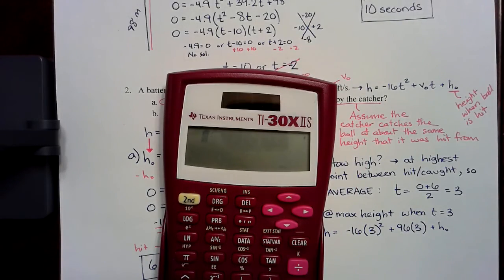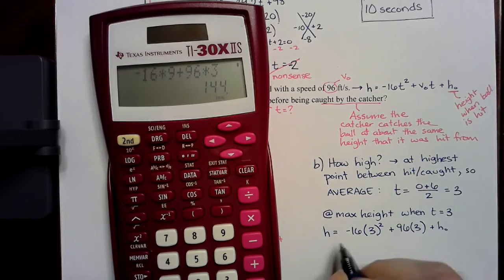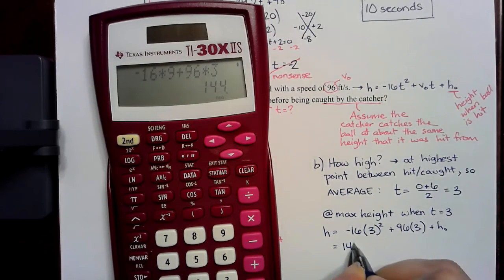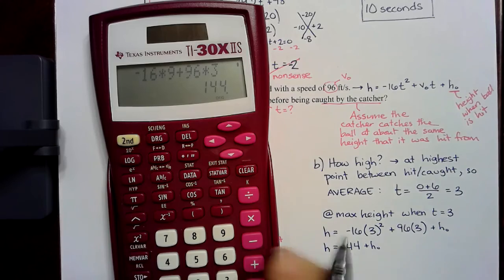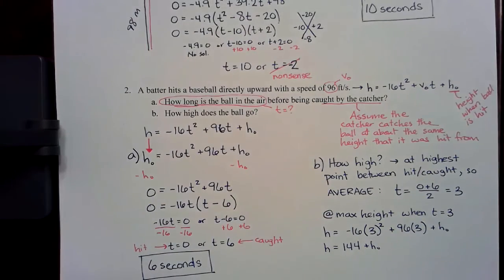I'm going to get negative 16 times 3 squared, which is 9, plus 96 times 3 is 144. So how do I phrase this answer?